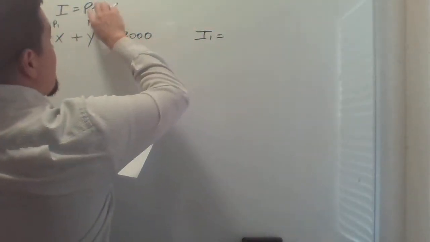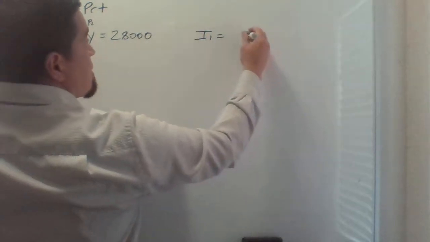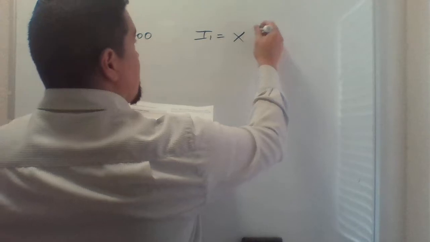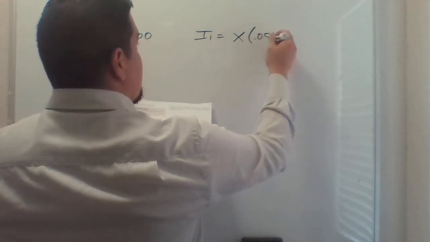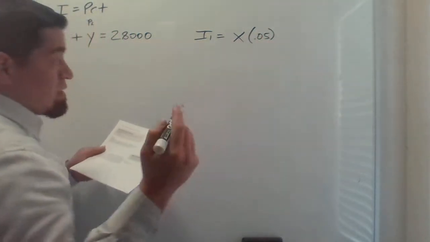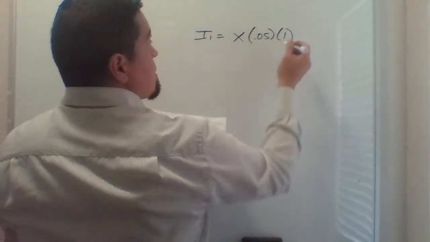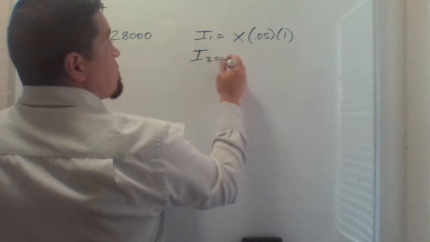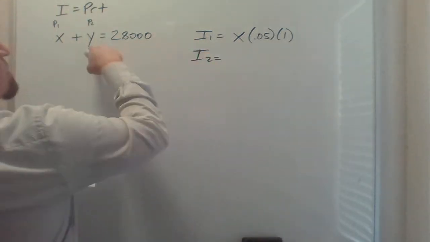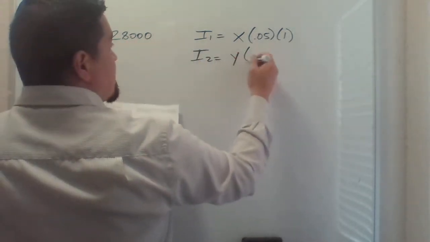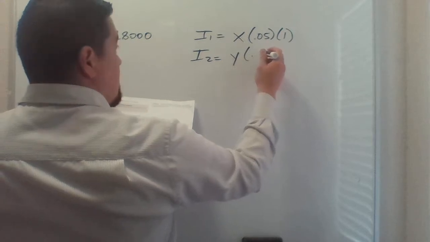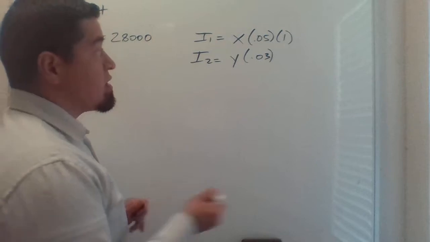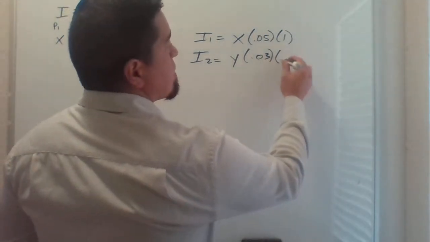I don't know how much the principal is, so it's P times the rate of that first loan, 0.05, and it tells you after 1 year, so that time is 1. The interest for loan 2: the principal on loan 2 is the other one, y, times 0.03, also after 1 year.